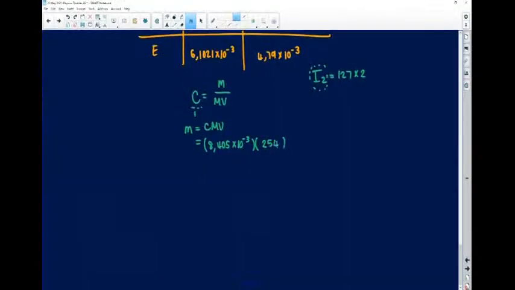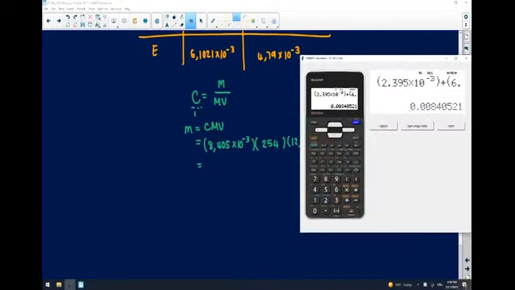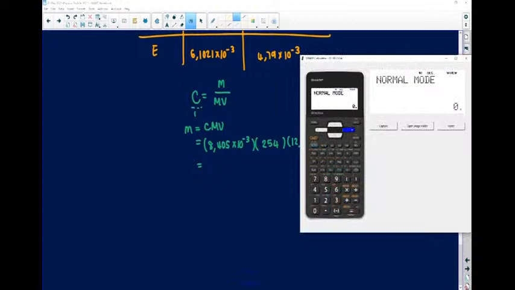Okay, I just did that in my head. Now the volume that I was given was 12.3 cubic decimeters. Now I'm going to find my mass. I'm going to put everything exactly as it is, and then we should get our mass. Remember to put brackets around everything.